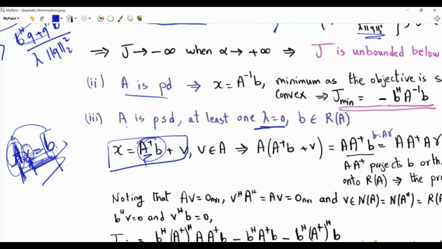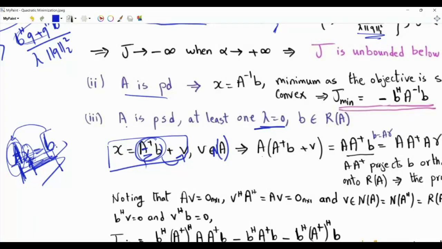So V is in the null space of A, and this will satisfy the solution.